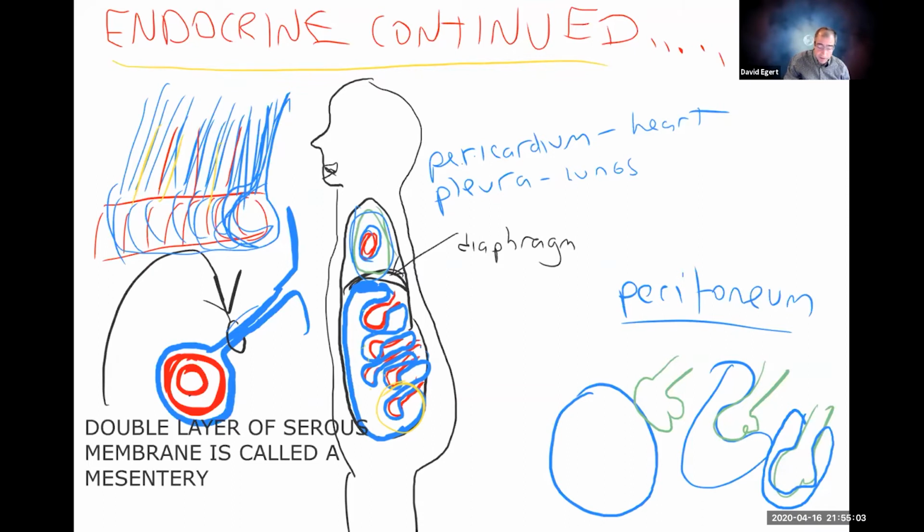So everything is rubbing against everything else via this slippery surface. So nothing is going to rub itself badly. So this is the basic idea of mesenteries of the peritoneum.